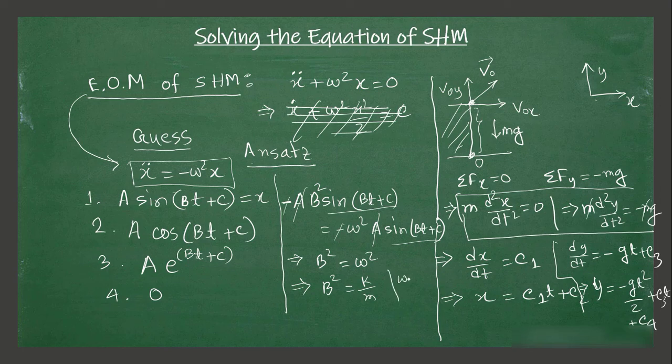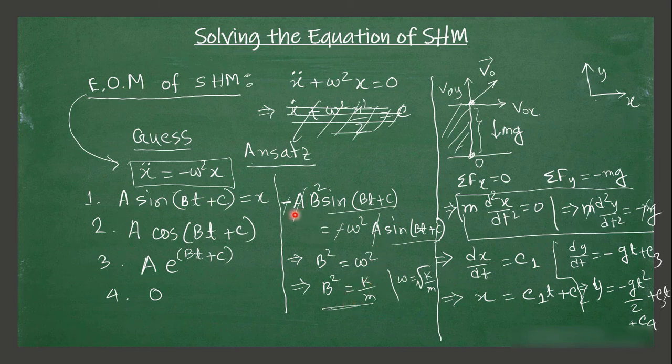You remember the definition of omega, square root of k over m, okay? Now this is how we find out the constant b, right? From now, this constant b depends on k and m. K is the spring constant and m is the mass of the object which is oscillating, right? So this b should be a constant which depends on the properties of that system, right?